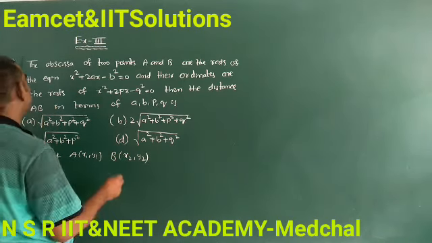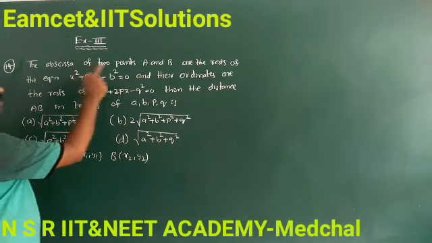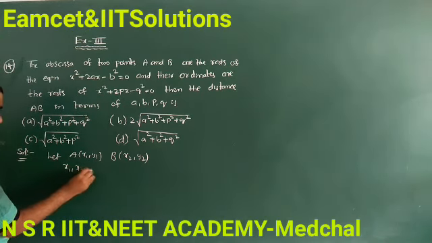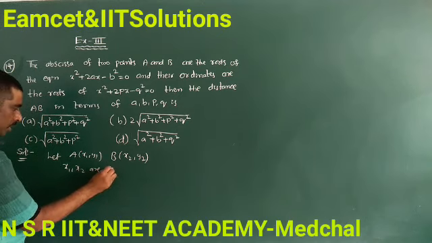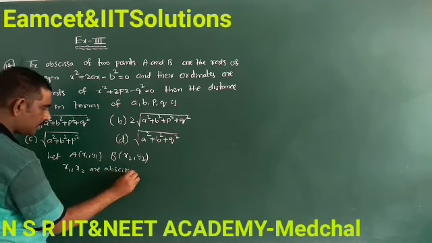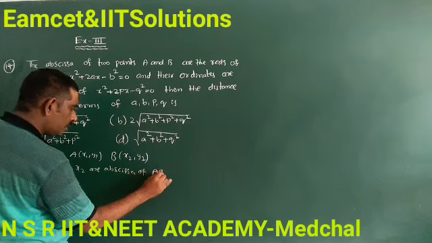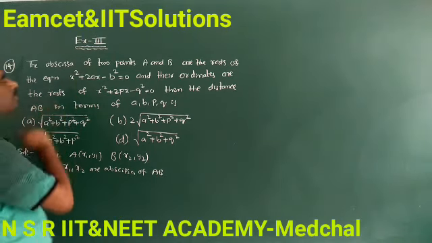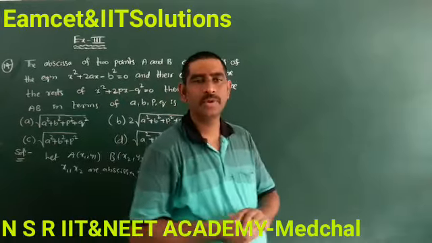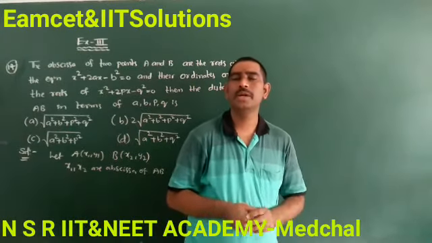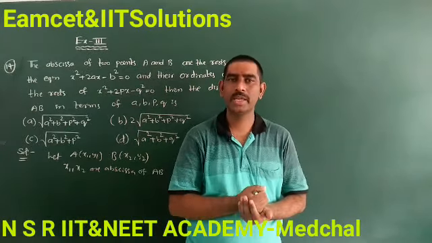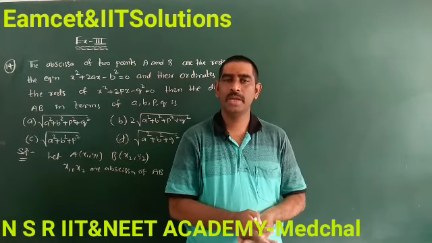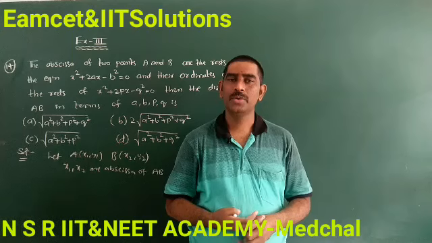So first, the abscissae of the 2 points are x1 and x2, the abscissae of A and B. So these two are the roots of the equation x square plus 2ax minus b square equal to 0, which means alpha and beta are the roots of the quadratic equation. The sum of the roots alpha plus beta equals minus b by a, and alpha beta equals c by a.